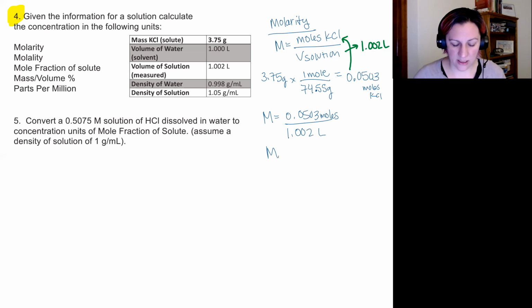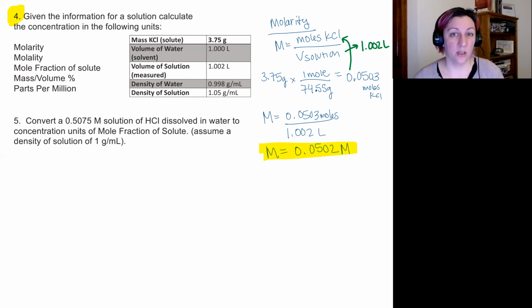So my molarity is going to equal 0.0502 molar. All right, so that's molarity. And this is one that we use in the lab a lot. So hopefully this one comes pretty easily. And it really relies on some of those calculations that we used in stoichiometry a lot, like mass to moles or moles to mass. All right, now let's do molality.